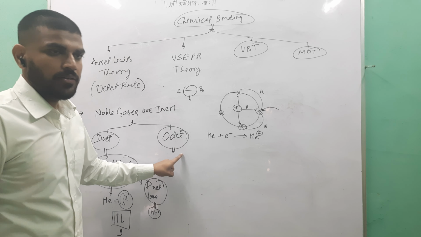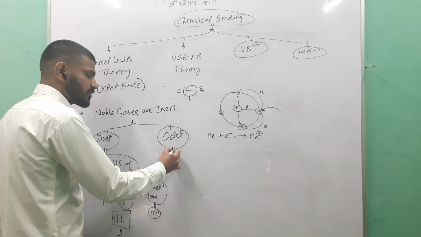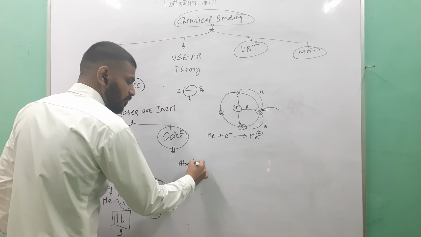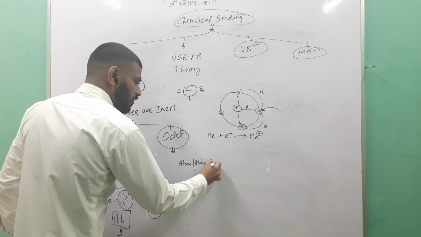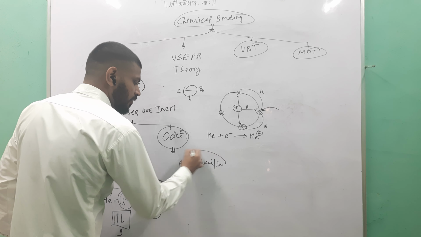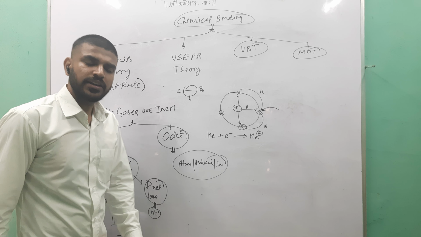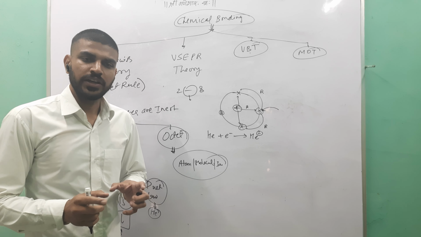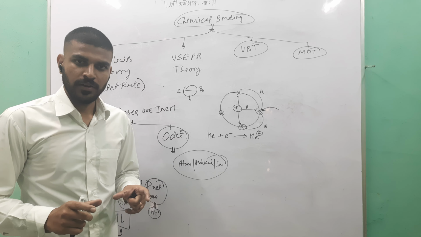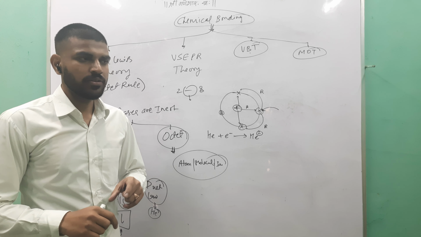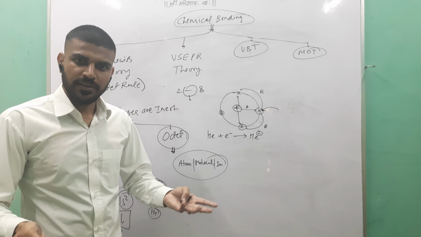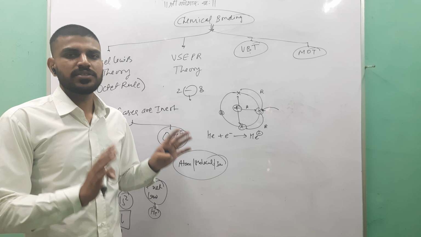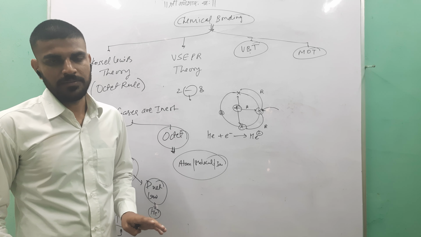Now we will study the octet. What is the octet? If any atom or molecule or ion completes 8 electrons in its outermost shell, by sharing, gaining or losing, it is considered to have the most stable electronic configuration.